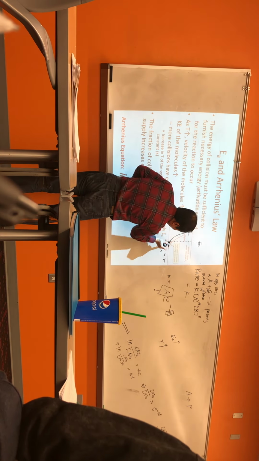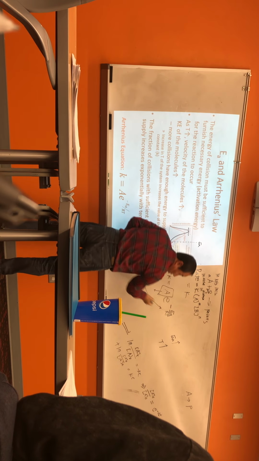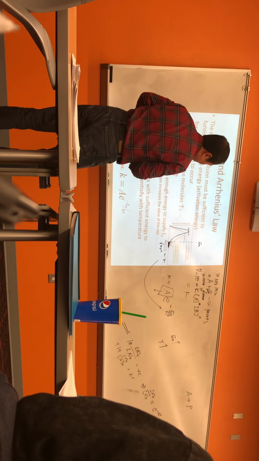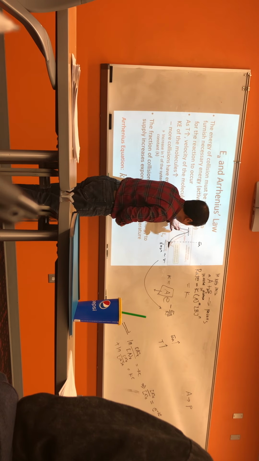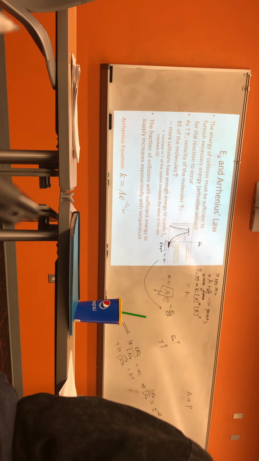This is why changing temperature will increase the population. That is reflected in this equation. So this is what they determined experimentally and theoretically, and this is how they derive these equations. Okay? You are not going to do the derivation, but as long as you understand this concept, that will be enough.